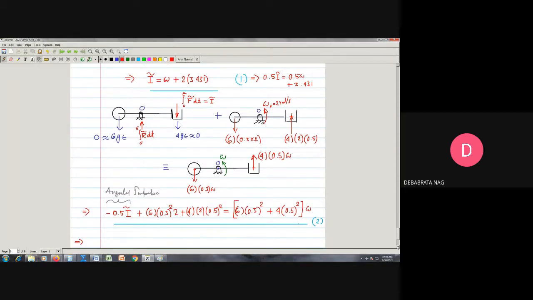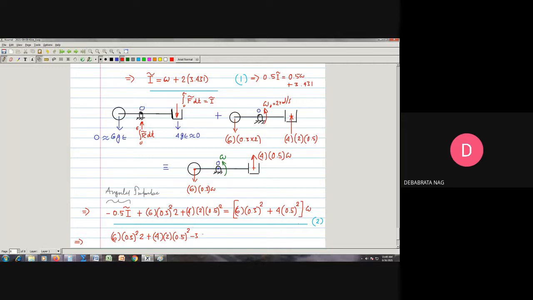So I add these two equations, which means it will be 6 into 0.3 square into 2, plus 4 into 2 into 0.5 square, minus 3.431. Just check, we are adding these two.